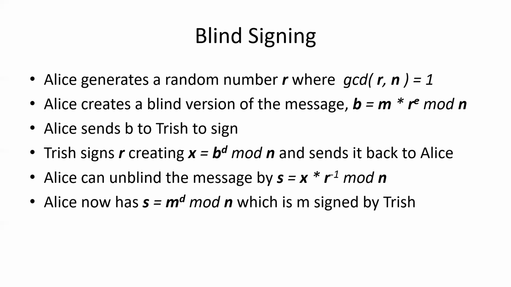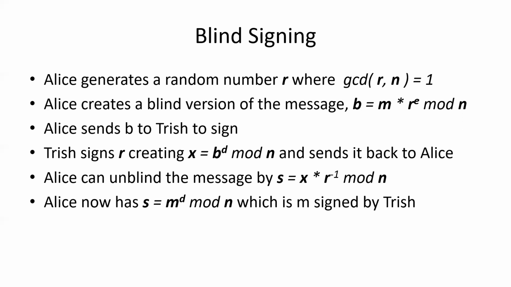Then, in order to create the blind version, you multiply M, the message, times R to the E, R being that big random number, E being the public version of the key. So it's M times R to the E mod N. And now we've got B, the blind version. We can send B to Trish.